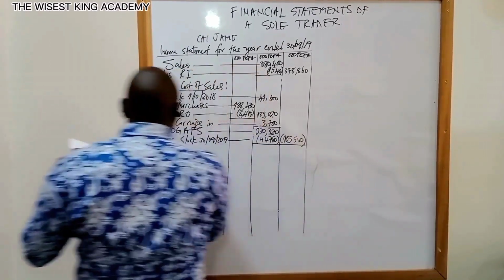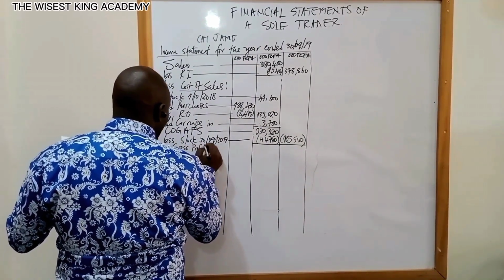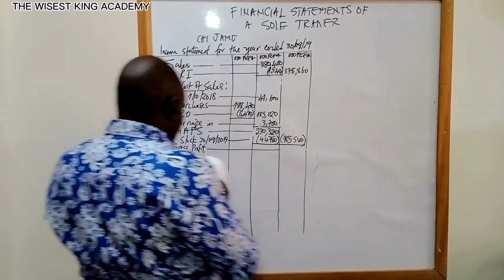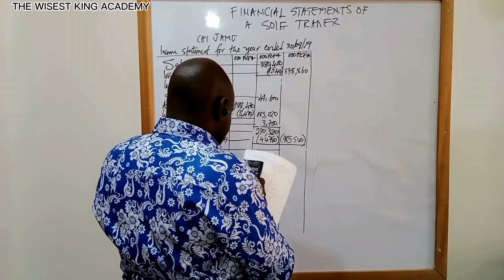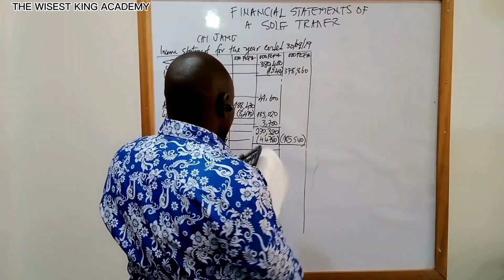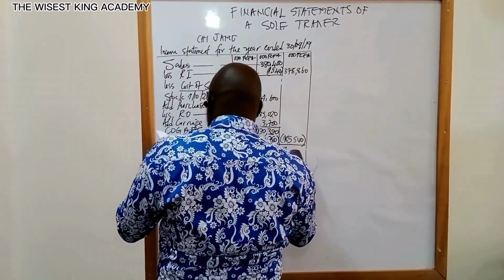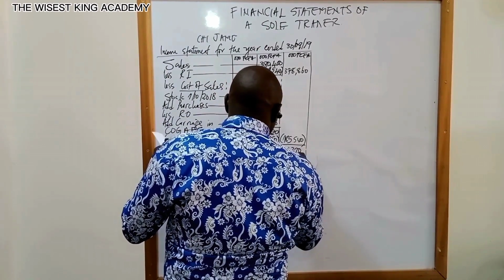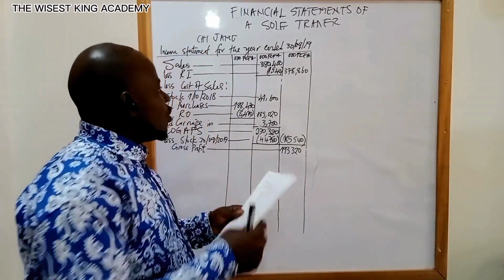Which one do we subtract from? Our gross profit is net sales, 378,860, minus this answer. It gives 193,320. So that is our gross profit.